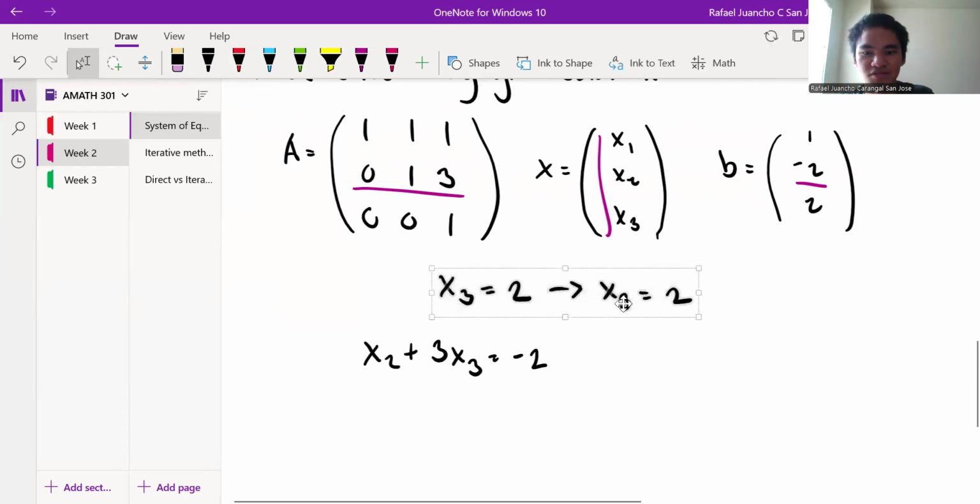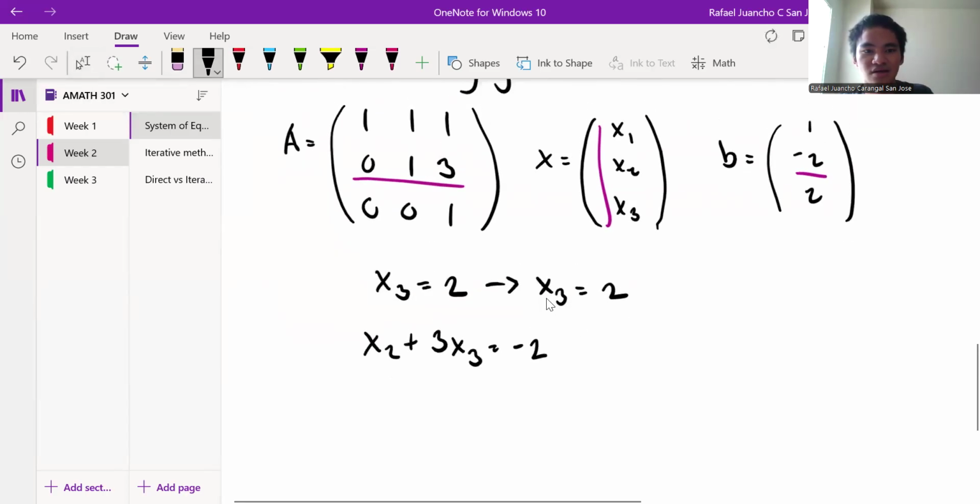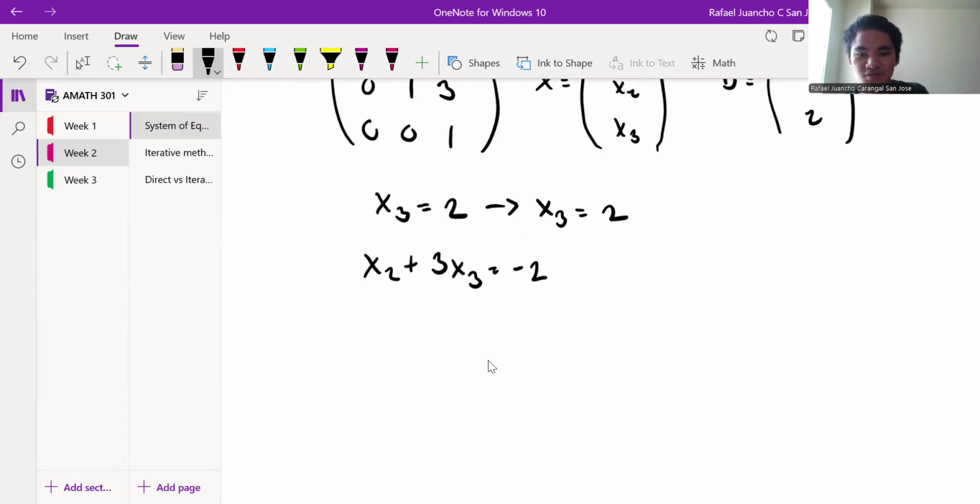Let me move this here, just so it's easier to look at. Knowing that our x3 is 2, we can plug in x3 here for 2, and so we get x2 plus 6 equals -2. And here we say, oh, now my x2 has a number. It has -8.